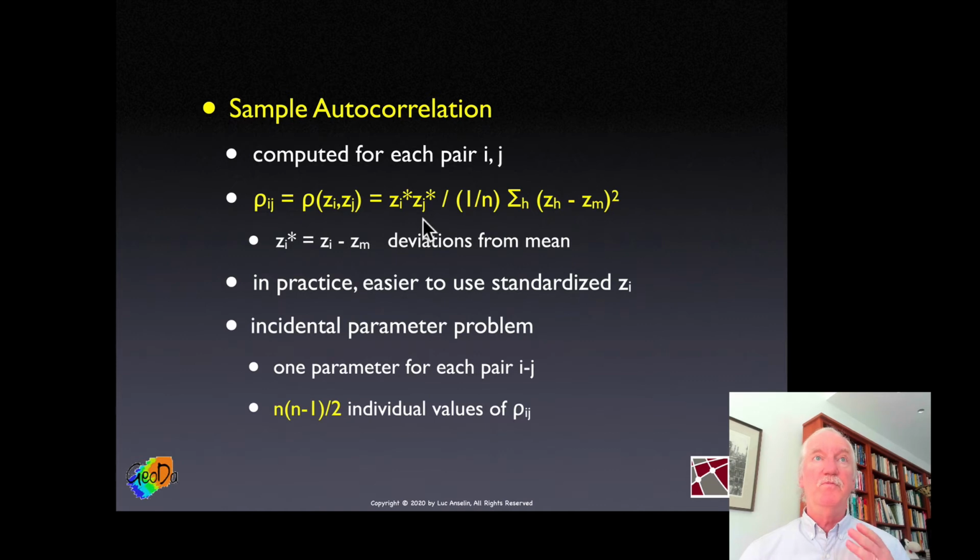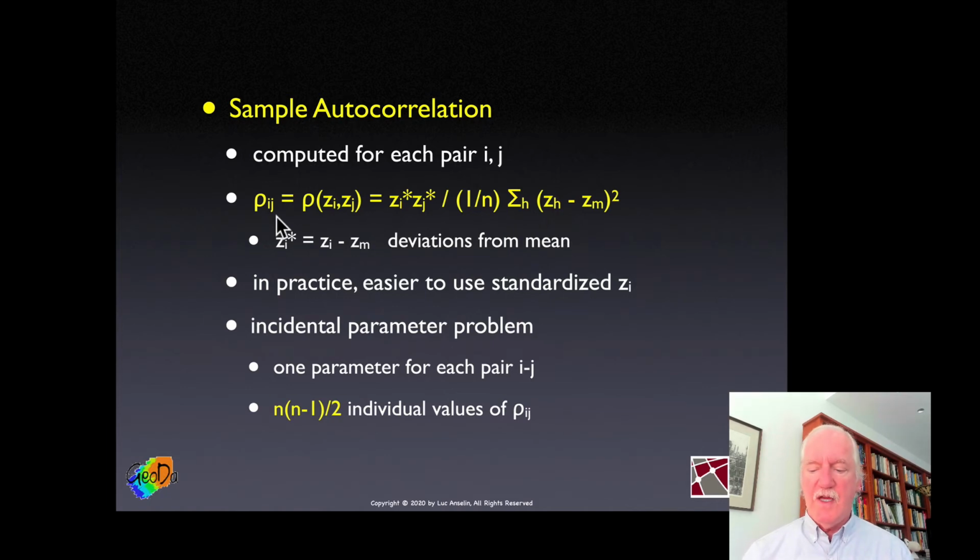Now, to fit a functional form to this, we already saw we have to put some structure into this process, because these are essentially interaction parameters. We talked about this in the context of spatial weights. The number of these interaction parameters increases with the square of the number of observations. So we can't win this battle.